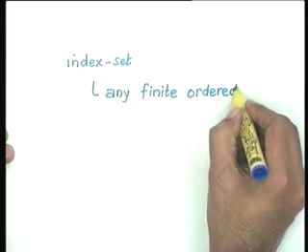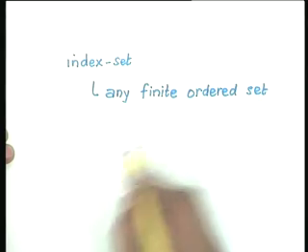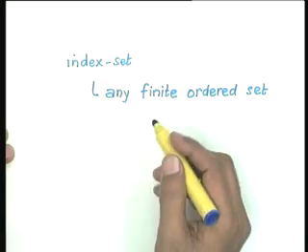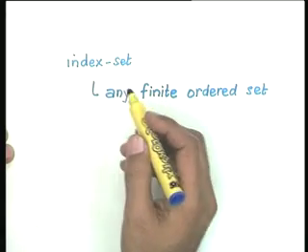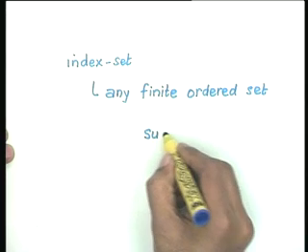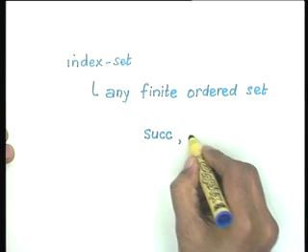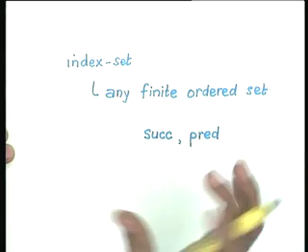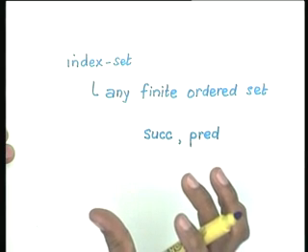So, it is ordered either by a predicate, or more usually it is an index set. An index set is a finite set with the operations of successor and predecessor defined for all elements except the extremes. Okay.